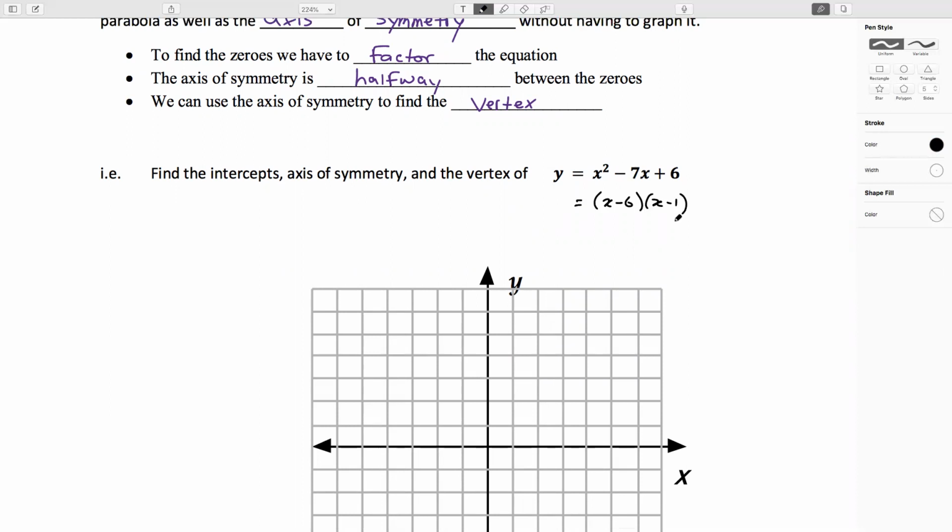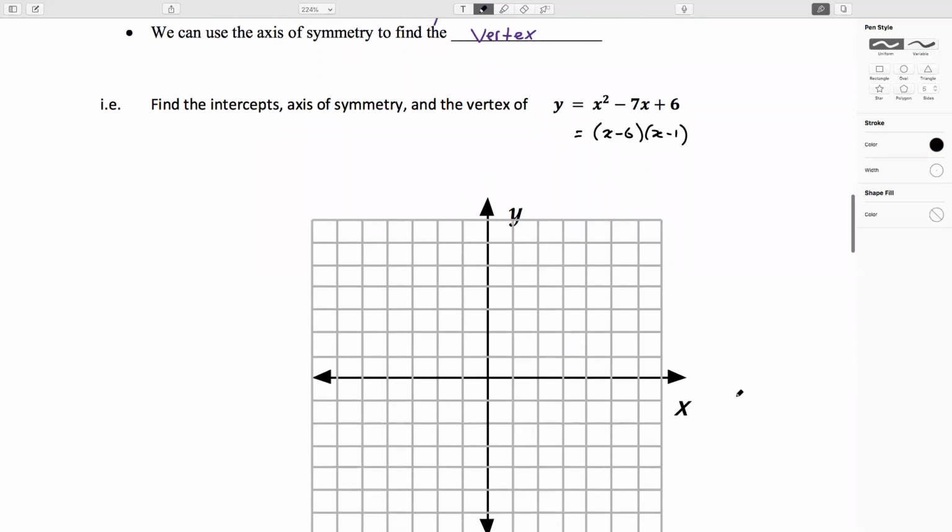From the factored form, we know the x-intercepts. There's one where the first bracket is 0, and that's x equals 6. One where the other bracket is 0, and that's x equals 1. So our x-intercepts are at x equals 6 and x equals 1.